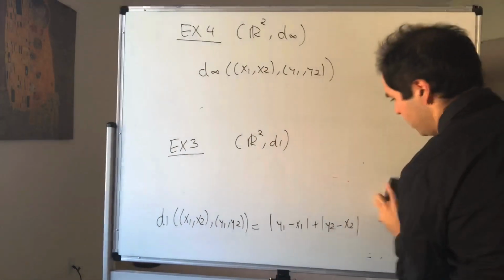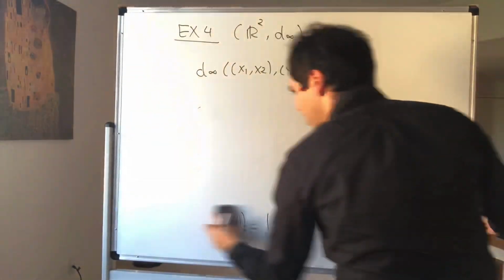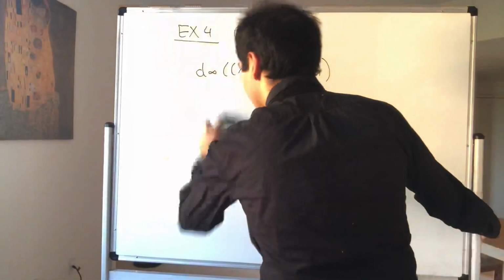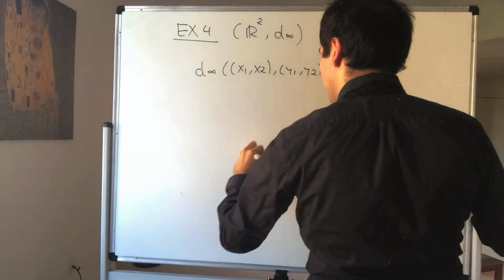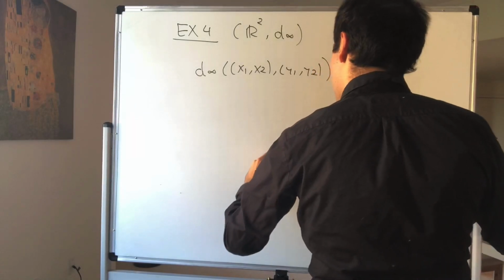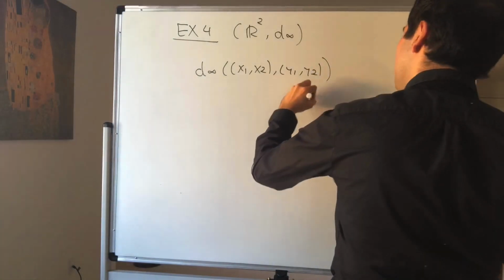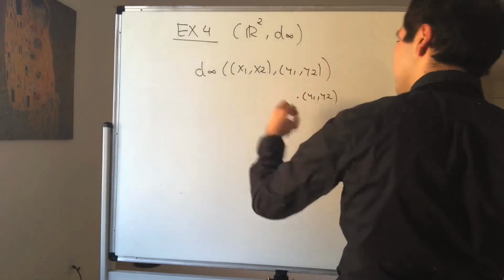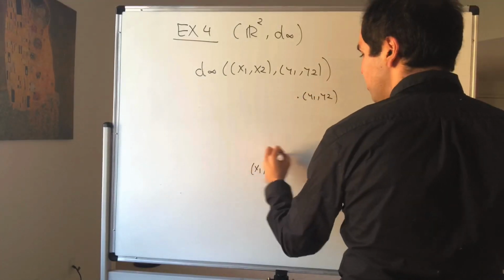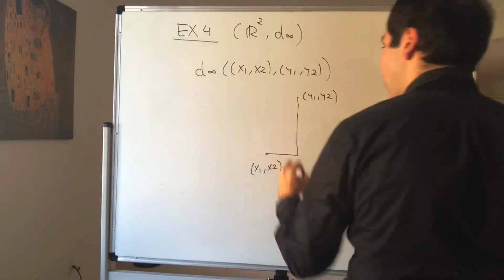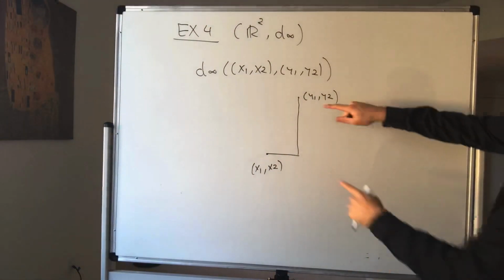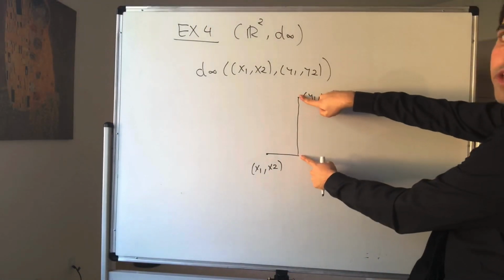So it also has to do with legs of triangles. Suppose this is x1, x2, and then y1, y2. Again, consider the legs of the triangle, and all this infinity metric is saying is take the bigger leg.